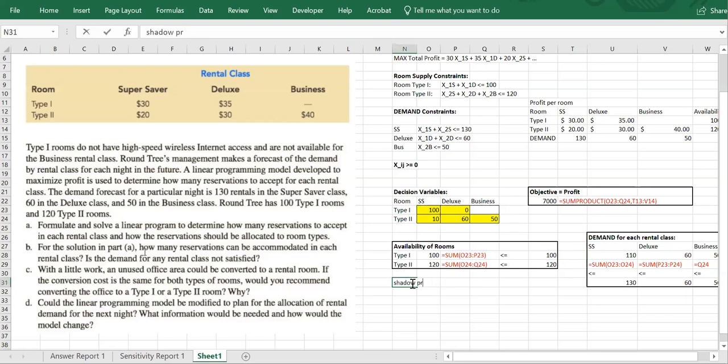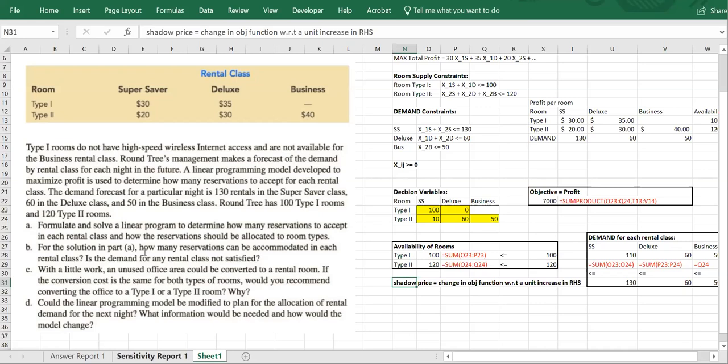Shadow price was the change in the objective function, which in this case is profit, with respect to a unit increase in the right-hand side vector, RHS. All right, so that's the definition of shadow price.